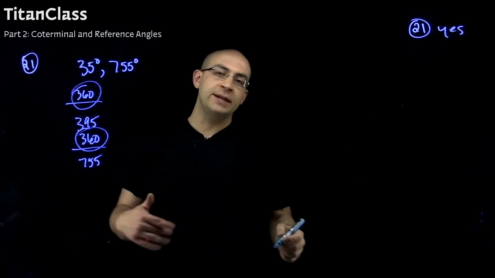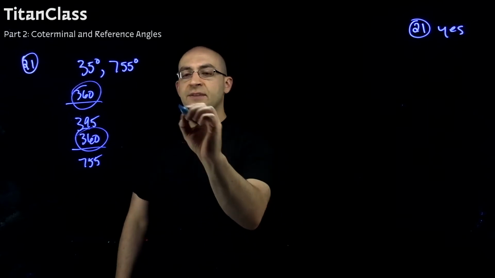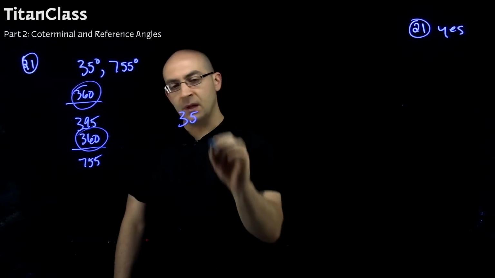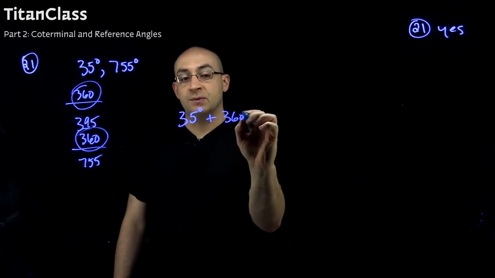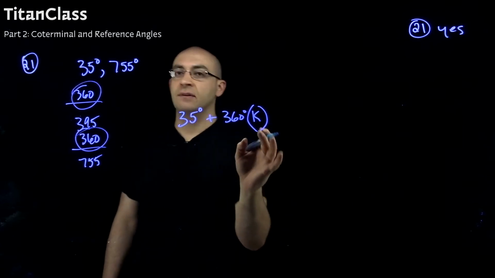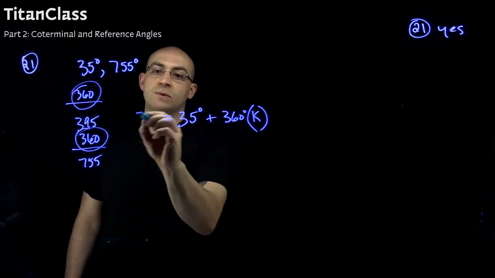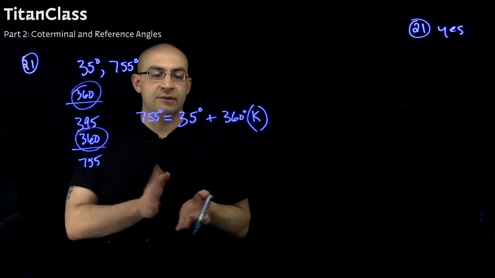The algebraic way to do this is a little bit more in depth, but it's more obviously algebraic. We take the first value, 35. If we add 360 degrees, which is one full revolution, times a value that represents the number of revolutions, I should be able to equal the other angle measurement. Now, do you have to do this all the time?